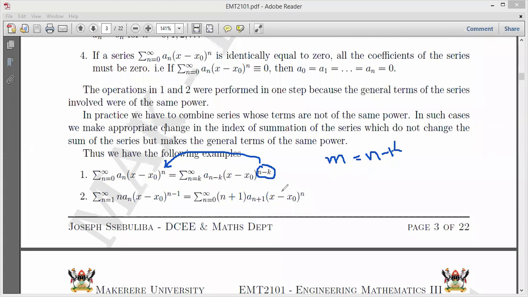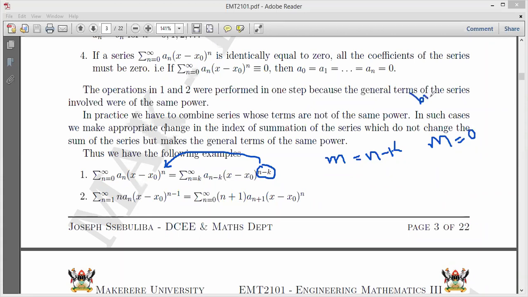So we want to find n. What will n be? It means if m is n minus k, then it would imply that when you substitute here k, remember n runs from k. If you throw in k here, it means m is 0.